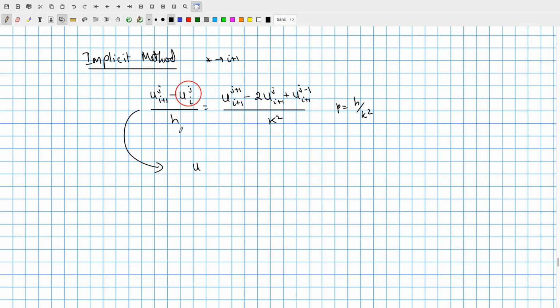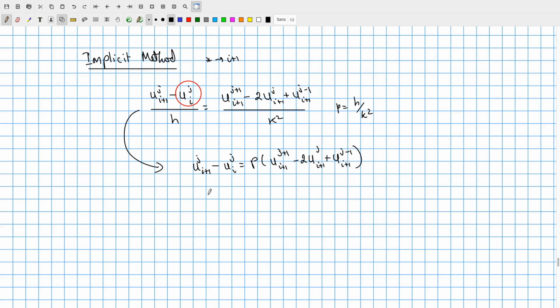So u of i plus 1 j minus u of i j equals p into u of i plus 1 j plus 1 minus 2 times u of i plus 1 j plus u of i plus 1 j minus 1.